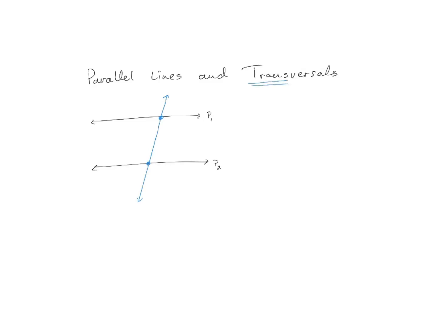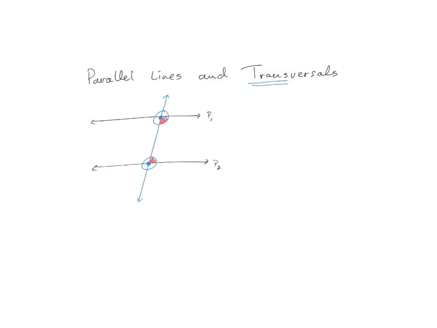Think of the word trans here. It's kind of like a train, transcontinental, transportation. So it's going from one location to the next. Now, this idea of these two lines being parallel comes from these two angles here and here.